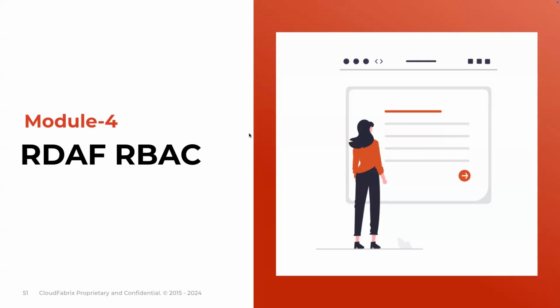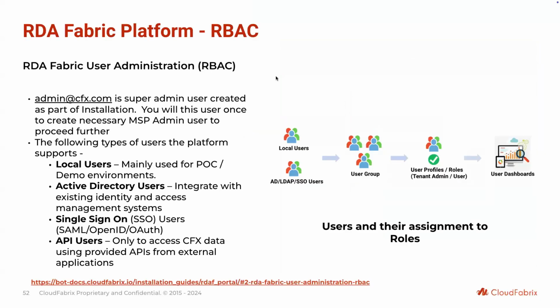Okay, so in this module we are going to talk about our RBAC. The RDAF platform provides role-based access control through different user roles and provides support for integrating with external identity and access management tools.